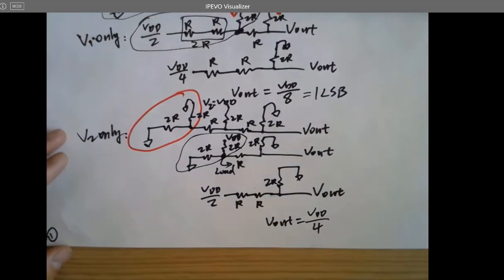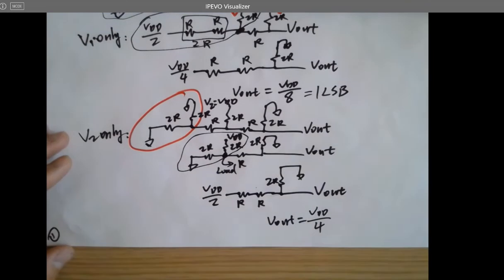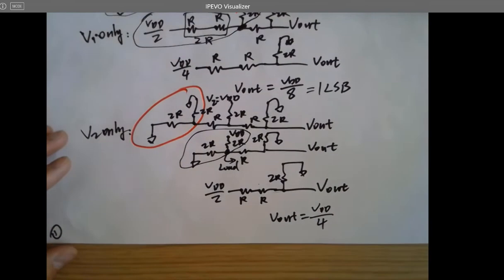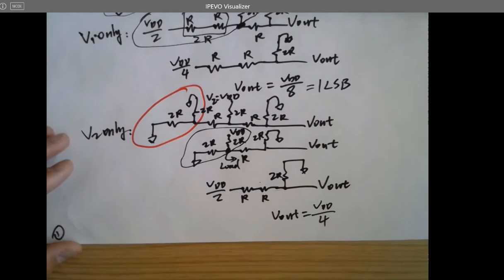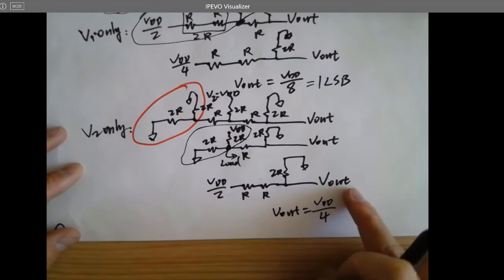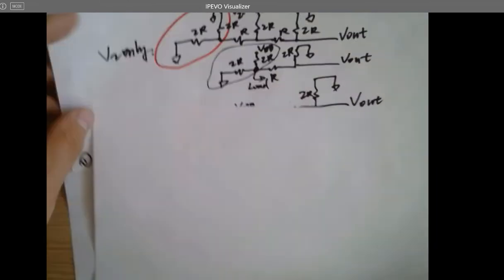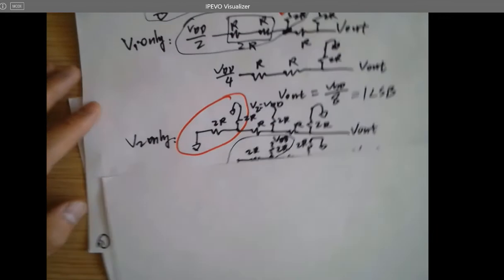Is that trivial, or am I boring you, or is it too fast? So this is the voltage divider. So this is VDD over 4 here. And next, V3 only.